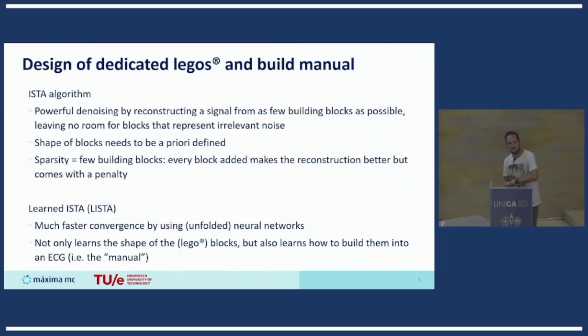Where ISTA typically needs about 1,000 to 3,000 iterations until convergence, the learned ISTA needs about 10. So you can imagine it's much and much faster. And not only does it learn how to build the manual, so learn the sparse code, which is basically the manual how to stack these blocks together, but you can also use it to learn the shape of the blocks from the data.